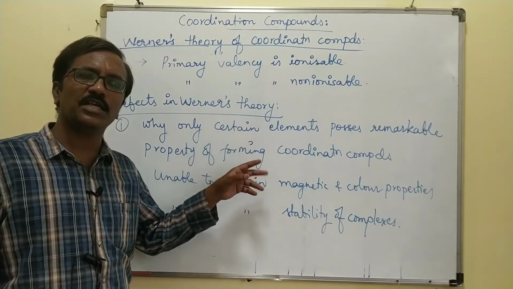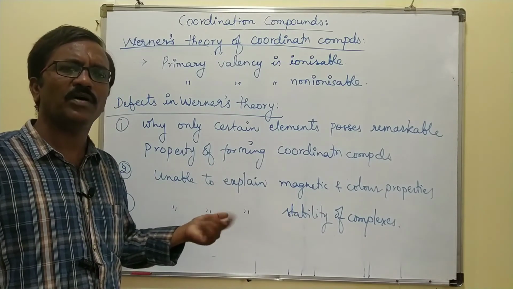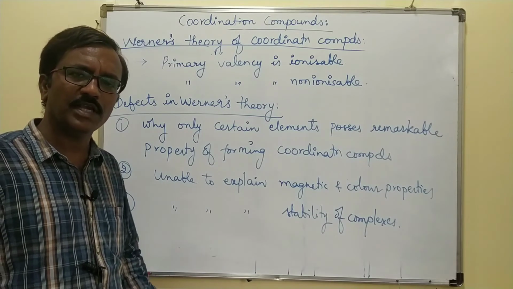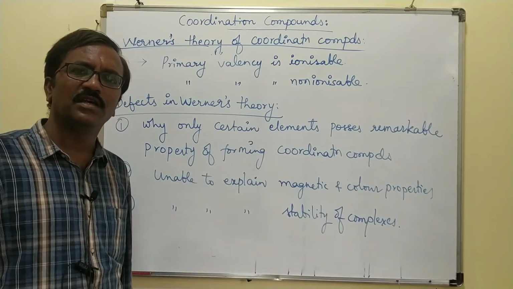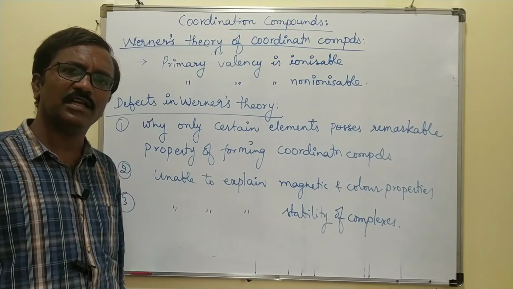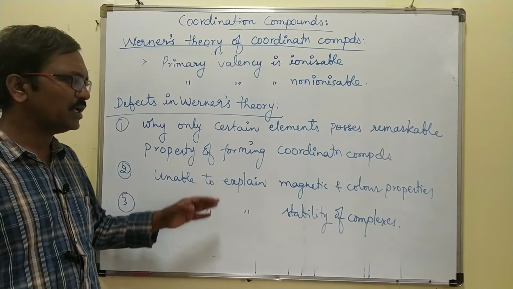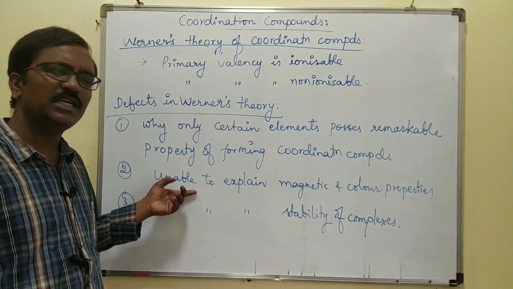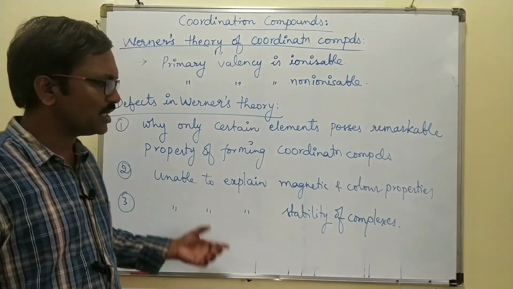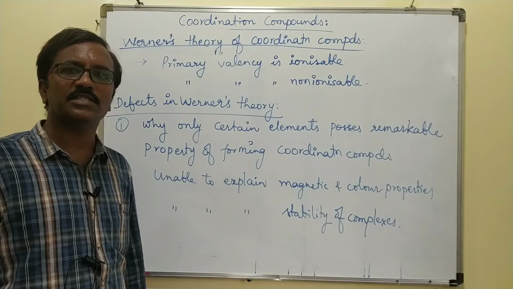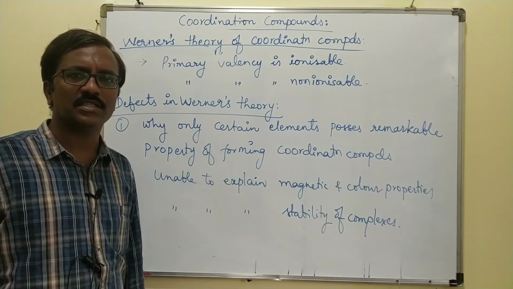He was unable to explain why certain elements only form complex compounds, why other elements other than d-block elements, very rarely, do not form coordination compounds. He was unable to explain the magnetic and color properties, and also the stability of complexes. These are some defects of Werner's theory, right?